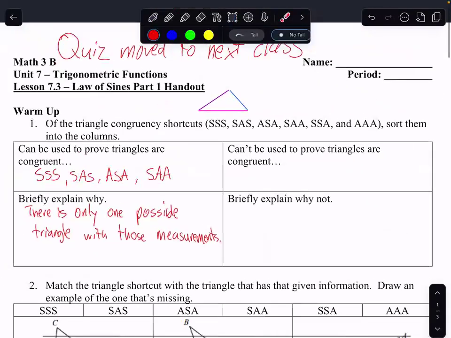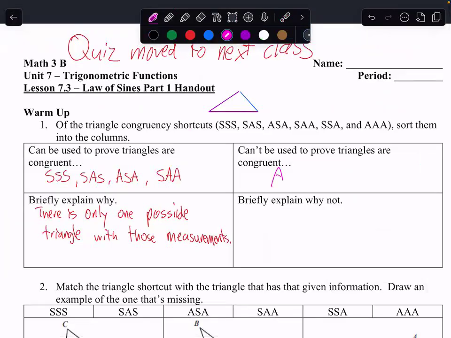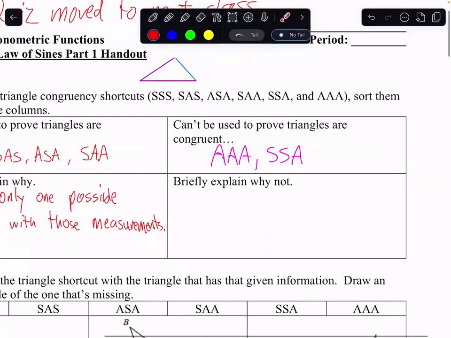Okay, on the other hand, angle, angle, angle, and side, side, angle. These pairs of three measurements are not enough to uniquely identify a triangle.